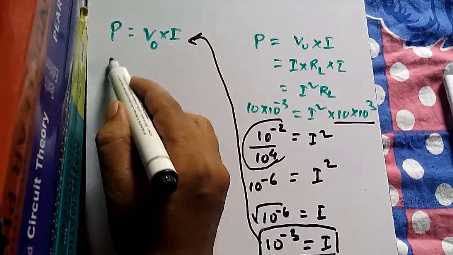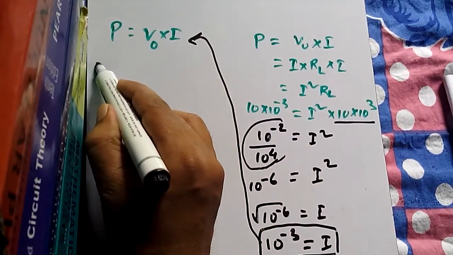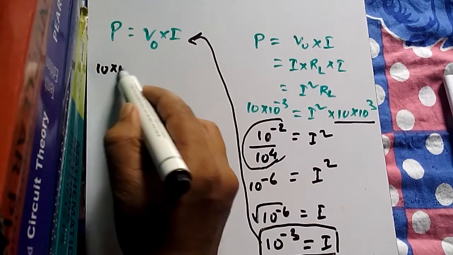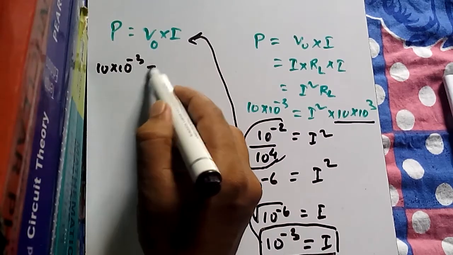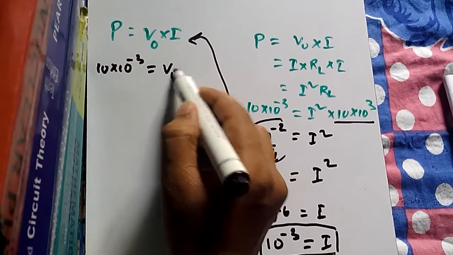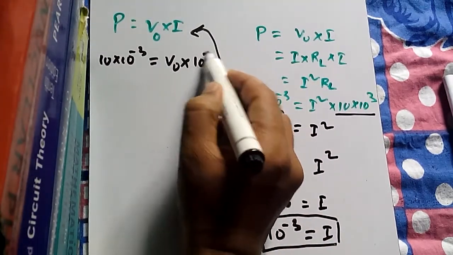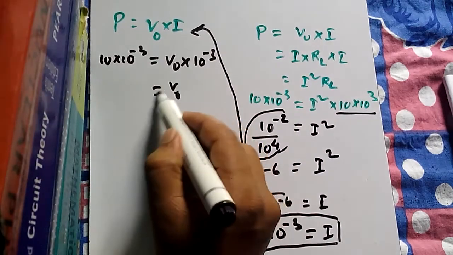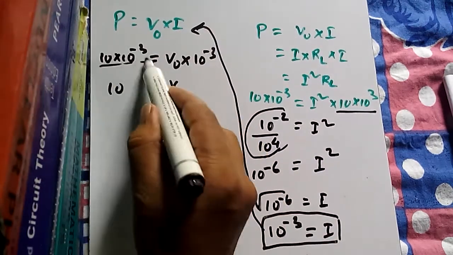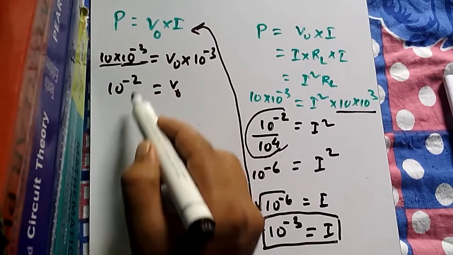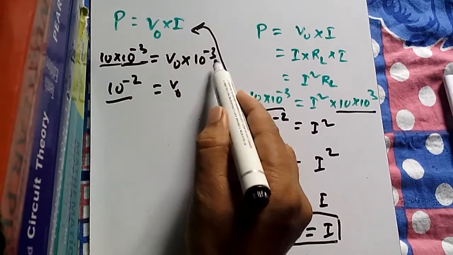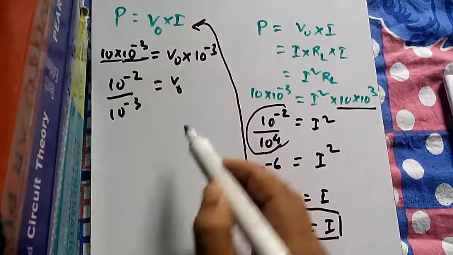Again the power formula. So power again 10 milliwatt, that means 10 into 10 to the power minus 3 equal to V0 into I, and I is 10 to the power minus 3. Now V0 is equals to, this is 10 to the power minus 2 divided by 10 to the power minus 3.